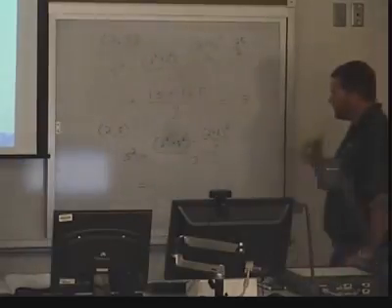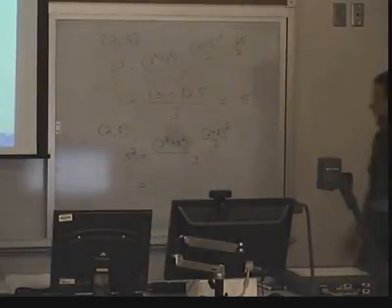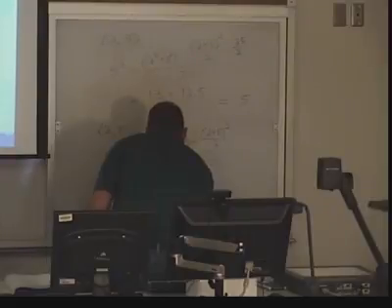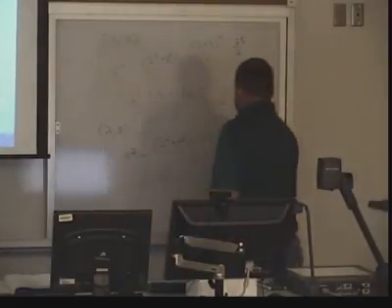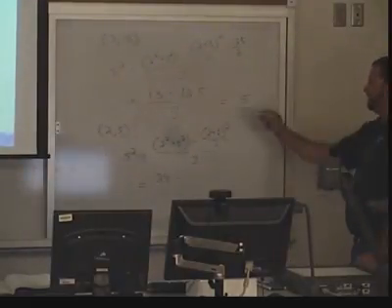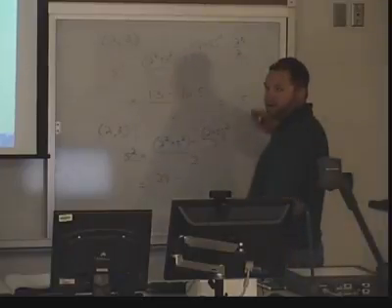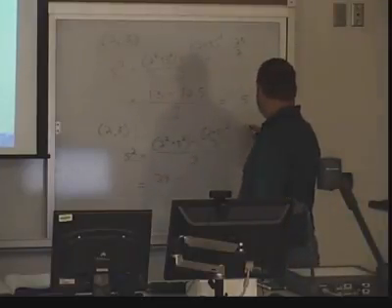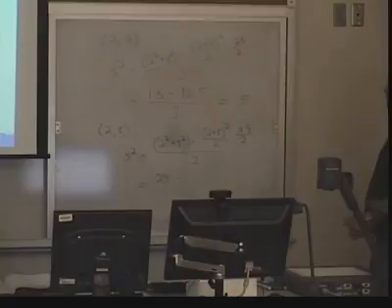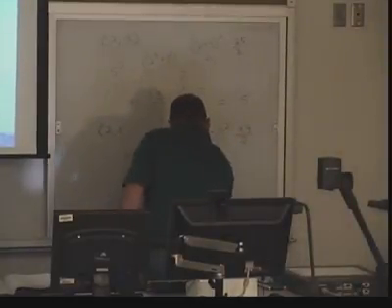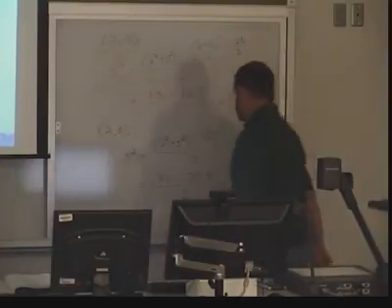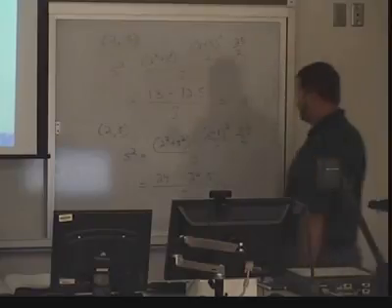What's 2 squared plus 5 squared going to be? 29. 4 plus 25. 29 minus 5 plus 2 is 7. 7 squared is what? Anybody know? 49. 49 over 2. Which reduces to what? 24.5 over 1. So what's our answer here? 4.5?